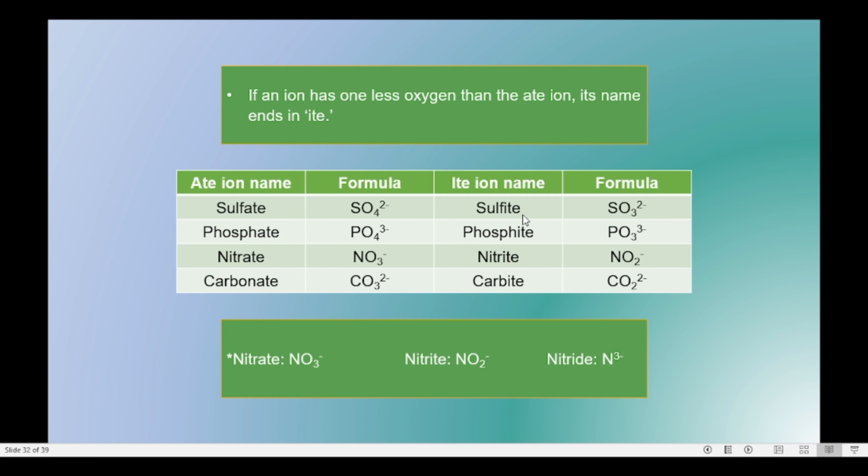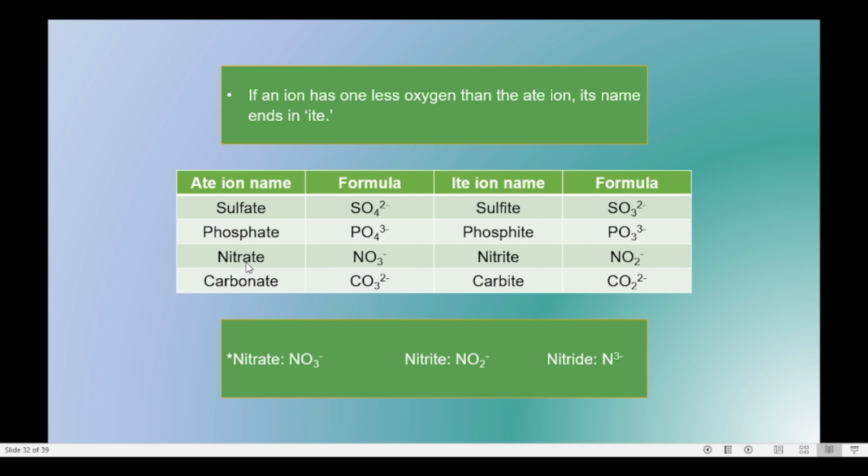Now phosphate, PO4 3 minus is the formula of phosphate. Now if one oxygen is removed, it becomes phosphite. Ite comes in place of ate, so it becomes PO3 3 minus. Nitrate is the ate ion name. NO3 minus is the formula. If one oxygen is removed, ate gets exchanged with ite, nitrite.